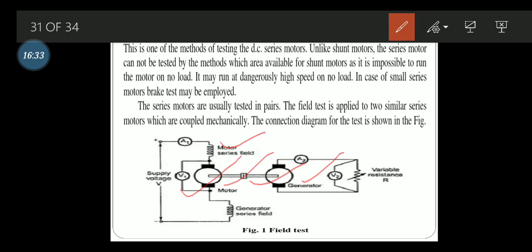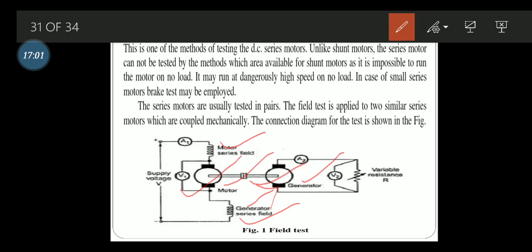The field winding of the motor is in series with the motor, and there is one more series field winding, connected in series with the series motor. This field winding gives the excitation to the generator, which is a separately excited DC generator.